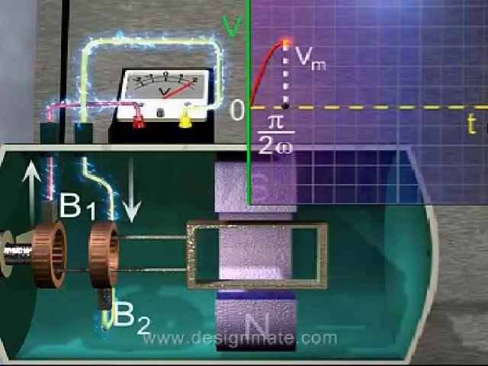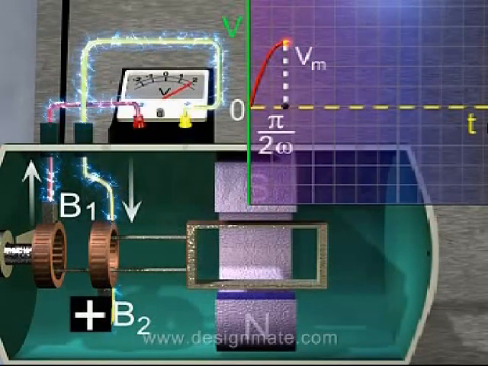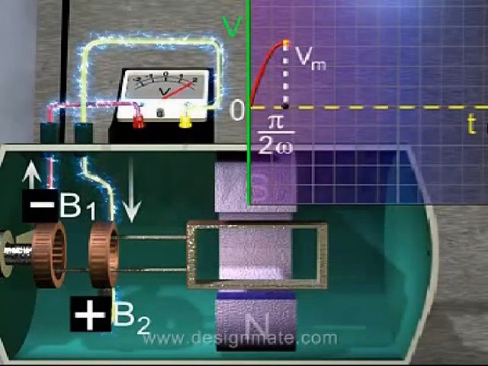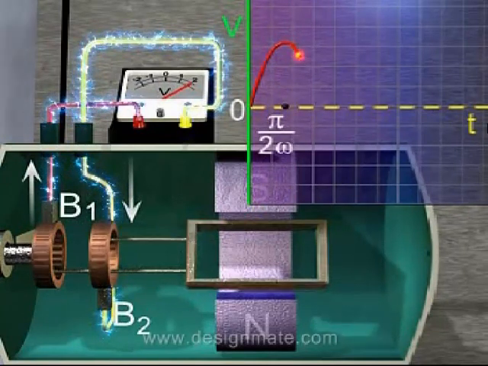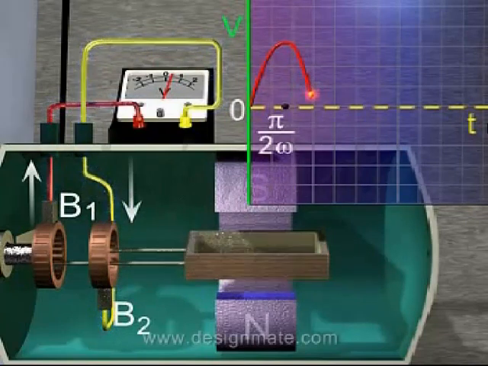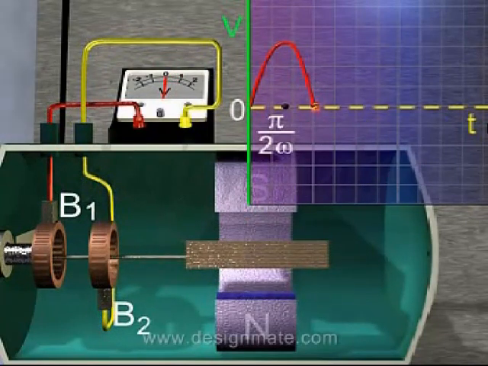During this time, B2 acts like a positive terminal and B1 acts like a negative terminal, and then it decreases from t equal to pi upon 2 omega to t equal to pi upon omega, when it again becomes 0.